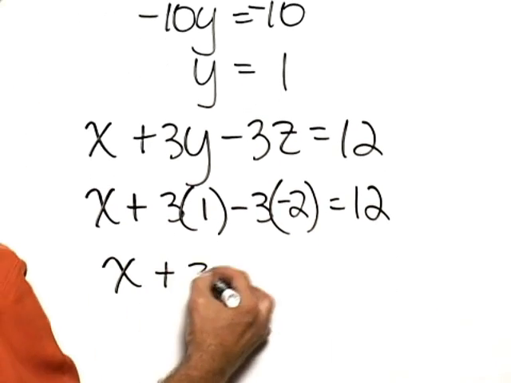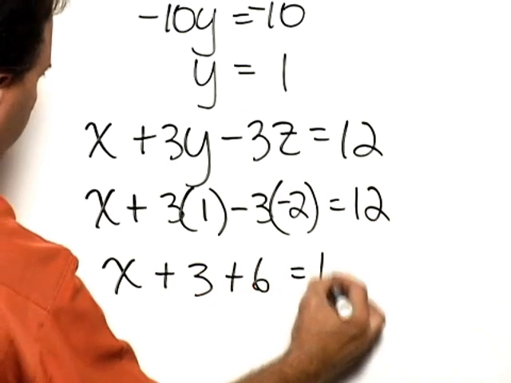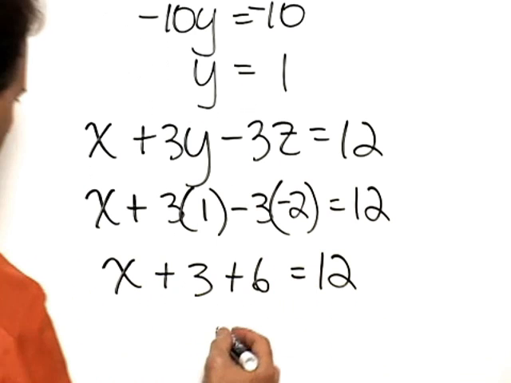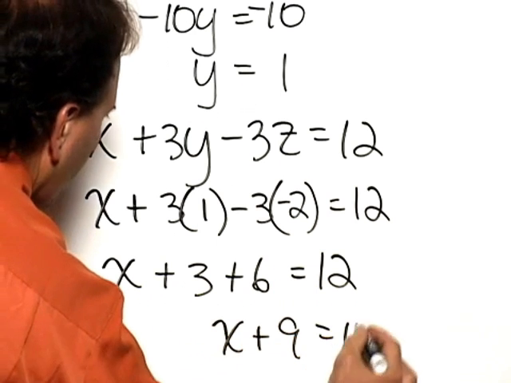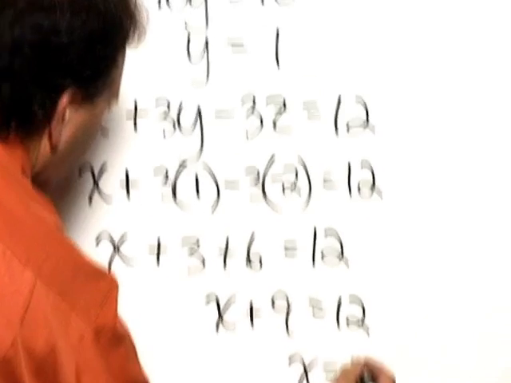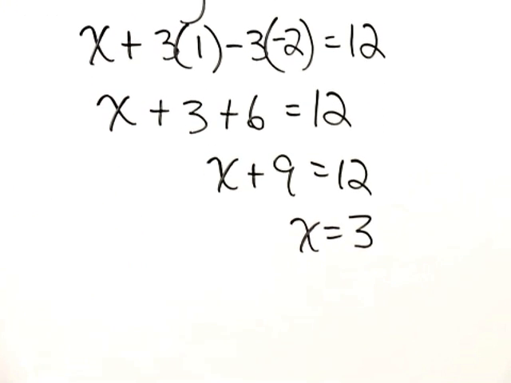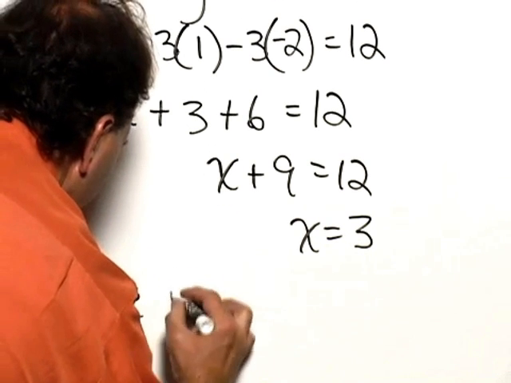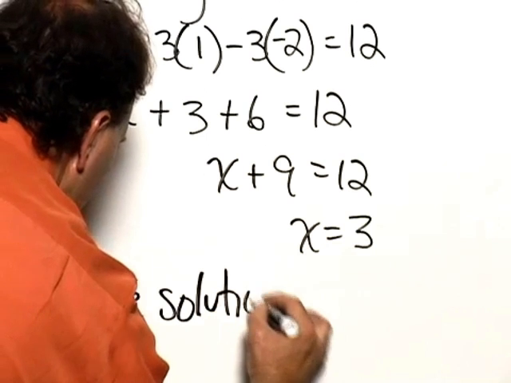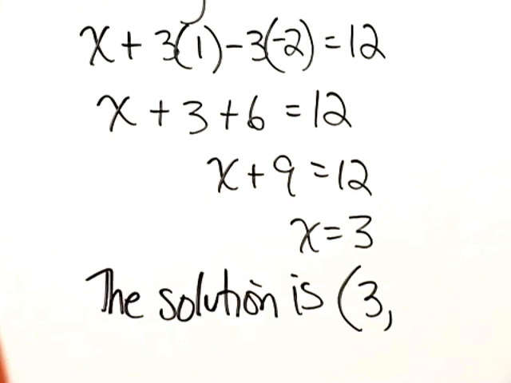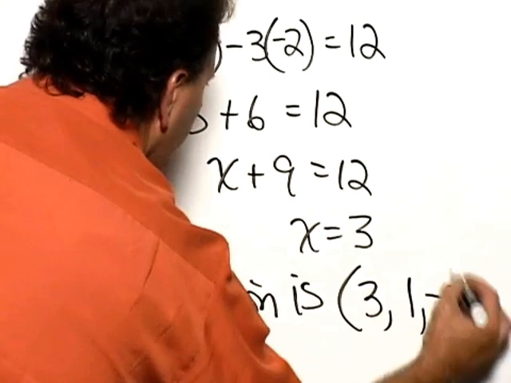That's x + 3 + 6 equals 12. 3 plus 6 is 9. x + 9 is 12. And subtracting 9 from 12, we get x equals 3. I've checked this answer already, so we know that the solution is the point x equals 3, y equals 1, and z equals -2.